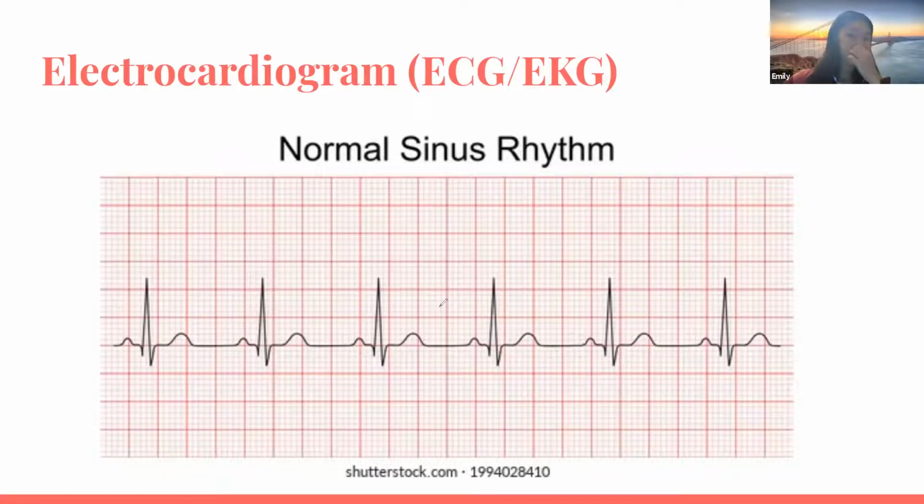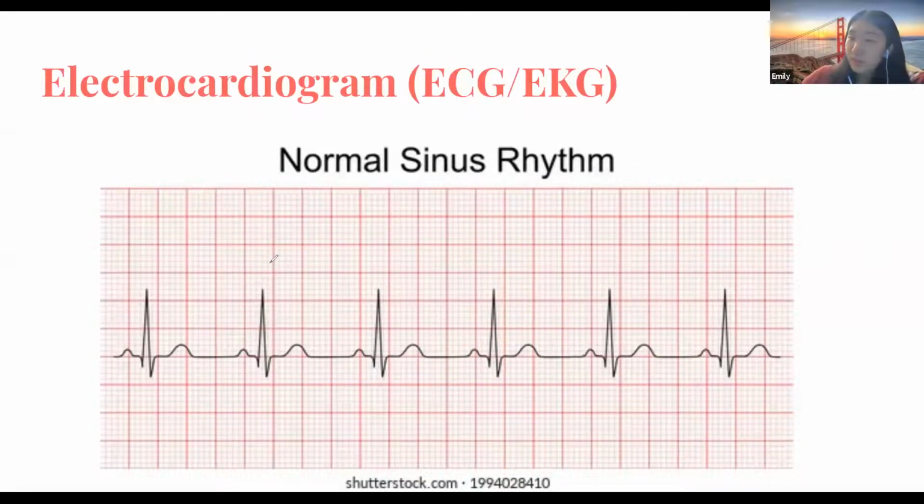So when doctors do an EKG on you and measure your heartbeats, it's going to look like this if you have a normal heartbeat. Each of these little jumps in this line is going to be one heartbeat.